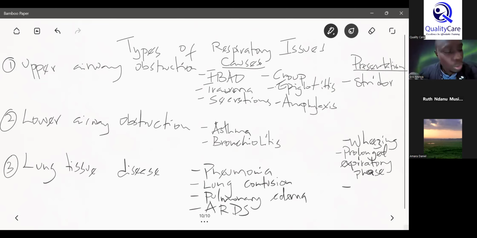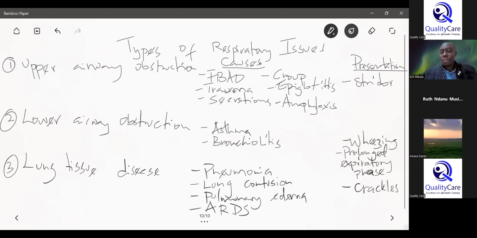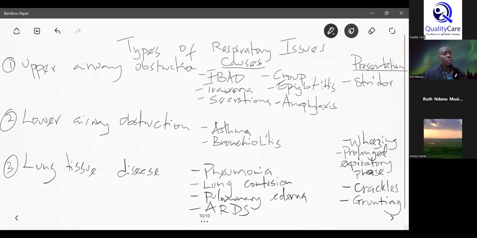Or what sounds would you appreciate? Crepitations, or what are they called? Crackles, yes. And they would also possibly have grunting. How do we manage? Again, that's your work. Please go and read.